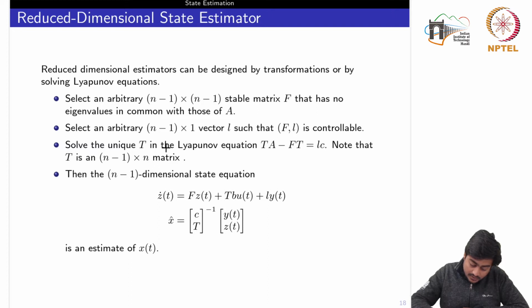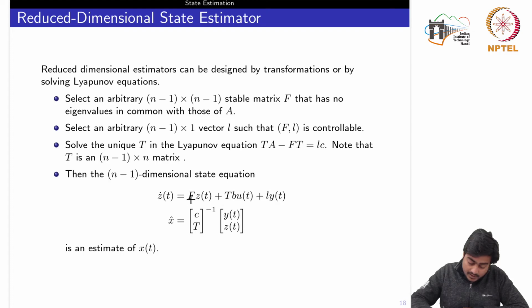Next we solve the Lyapunov equation to compute this matrix T of dimension n minus 1 cross n, and then finally by using the state equation we had seen earlier we can estimate this x hat. Here you would notice that the state equation of the observer, where the state variable is defined by z, remains the same.